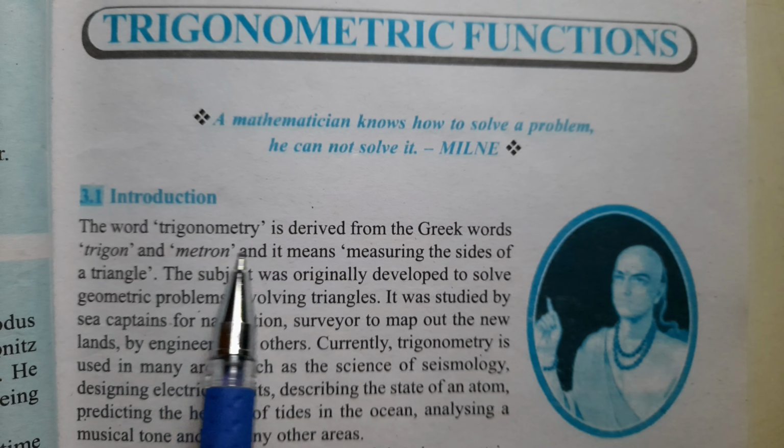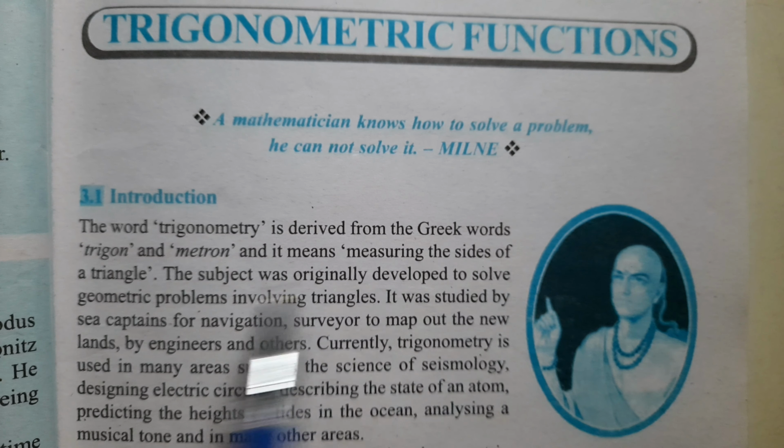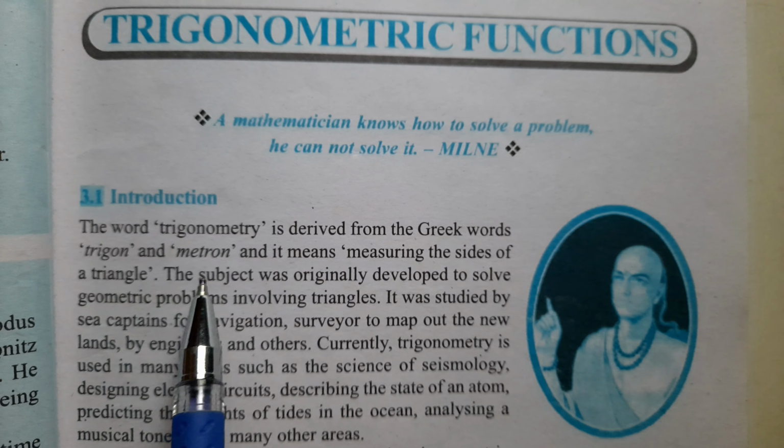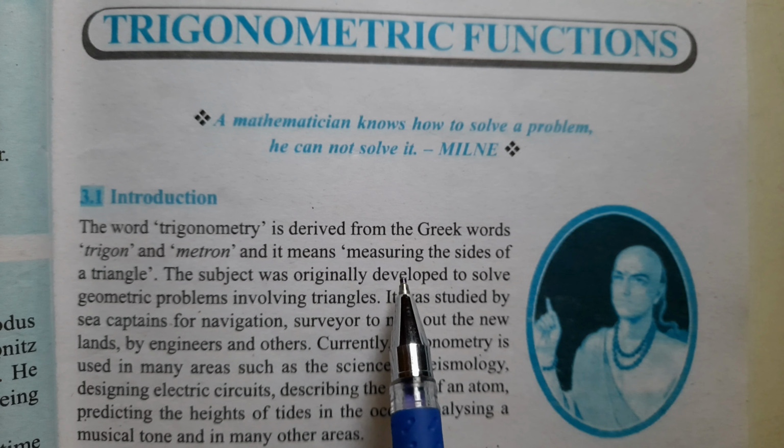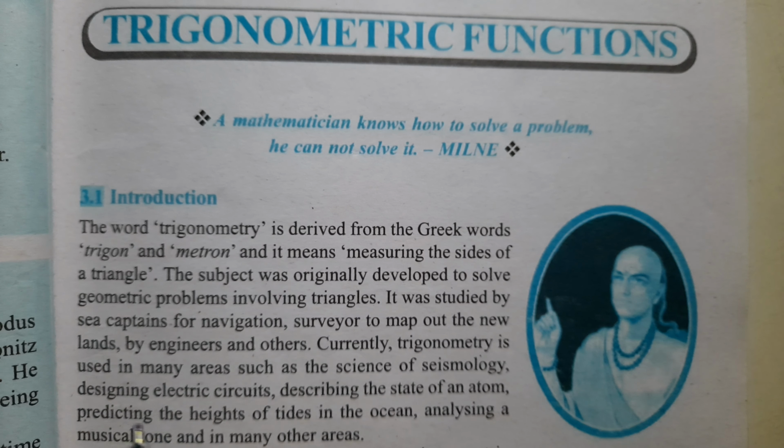The word trigonometry is derived from the Greek words trigon and metron, and it means measuring the sides of a triangle. The subject was originally developed to solve geometric problems involving triangles. It was studied by sea captains for navigation, surveyors to map out the new lands, by engineers and others.